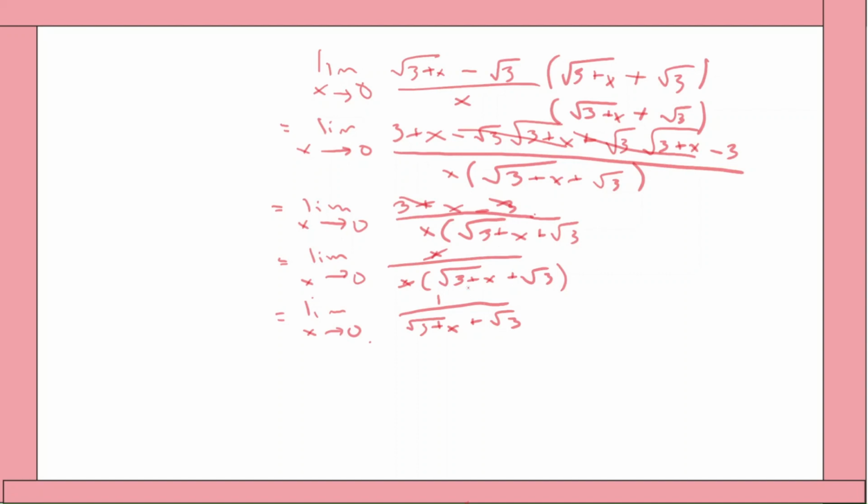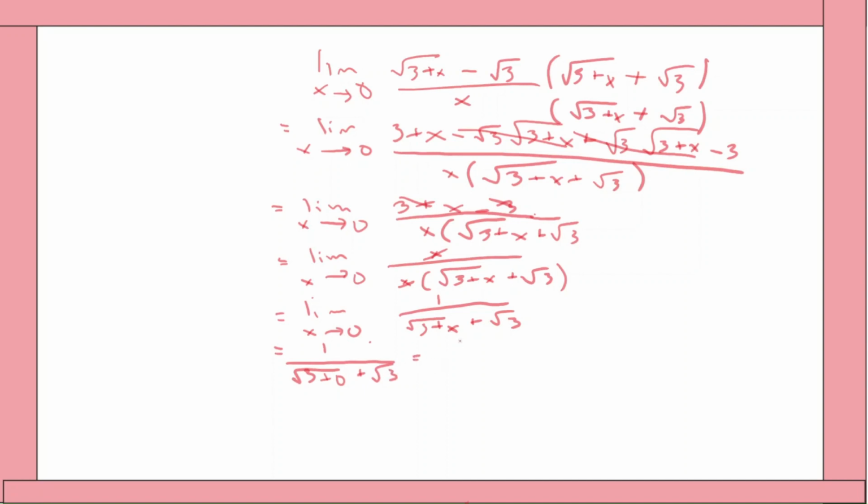And what we want to do now is, if we notice, the actual thing to plug in isn't an issue anymore. So we can very easily plug in the things here, and because we're plugging in, we don't have to rewrite the limit anymore. So we can say that this is going to be 1 over root 3 plus 0 plus root 3.